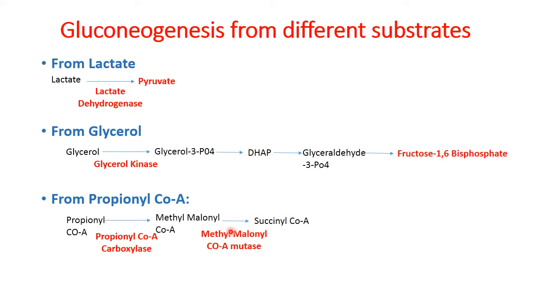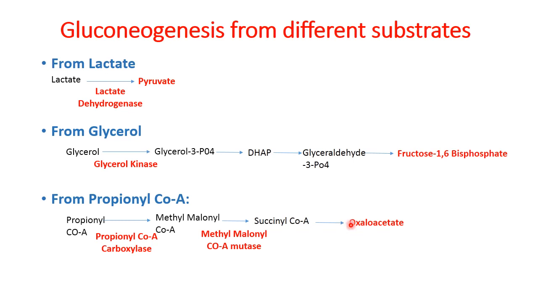It requires vitamin B12 in the deoxyadenosyl form. The absence of this enzyme, or sometimes the absence of vitamin B12 from the diet, may lead to methylmalonyl aciduria. Now this succinyl coenzyme A will get converted to oxaloacetate, the metabolic hub of the TCA cycle.